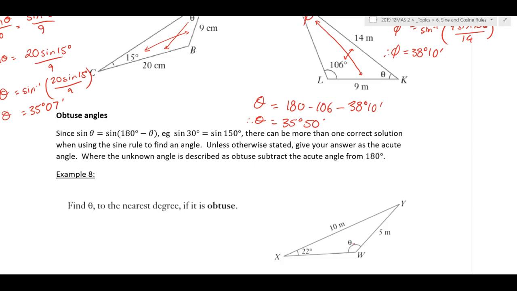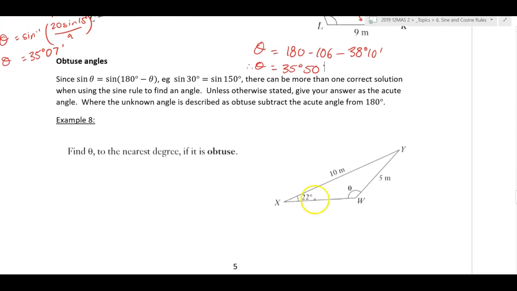Now, if a question doesn't say that there's an obtuse angle, and it doesn't look very obvious that it is, then just give the acute angle. But sometimes the question will say theta is obtuse, calculate the size of theta, in which case you need to take the answer provided by your calculator and take it away from 180 degrees. Do the sine rule as before, but take your answer away from 180 degrees to get the obtuse angle. So here we go.